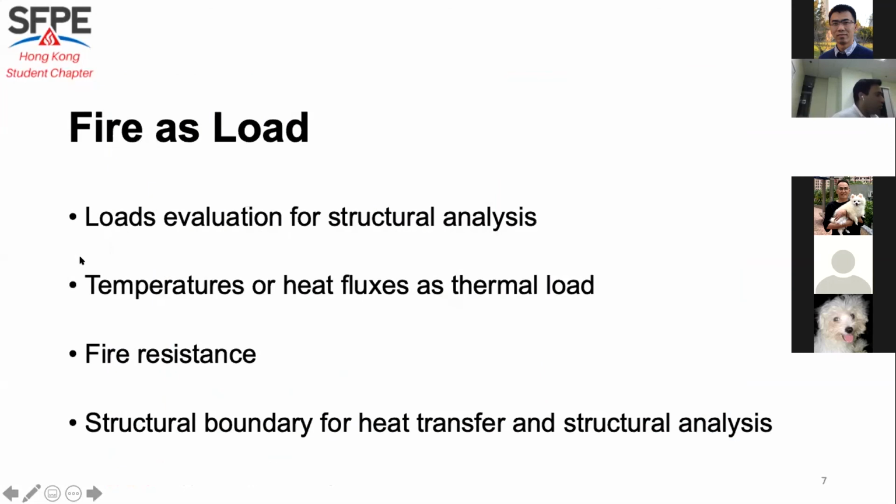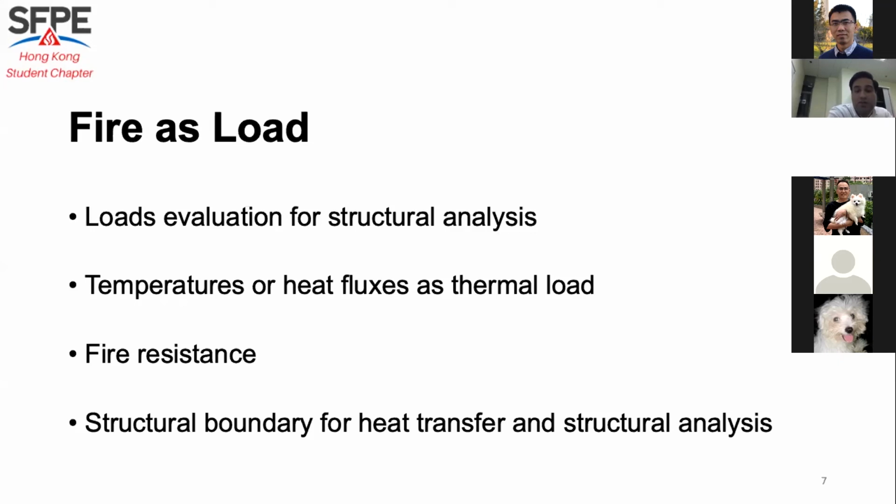So what do structural engineers do when they have to analyze a building and when they are designing the structure? They use different kinds of loads to evaluate the structure, so that the structure can resist such kinds of fires. For example, they have to design a building so that it can resist earthquakes. They will use seismic load. If they have to calculate how the building should react to the dead load and live load, so that your floor can sustain such kinds of load.